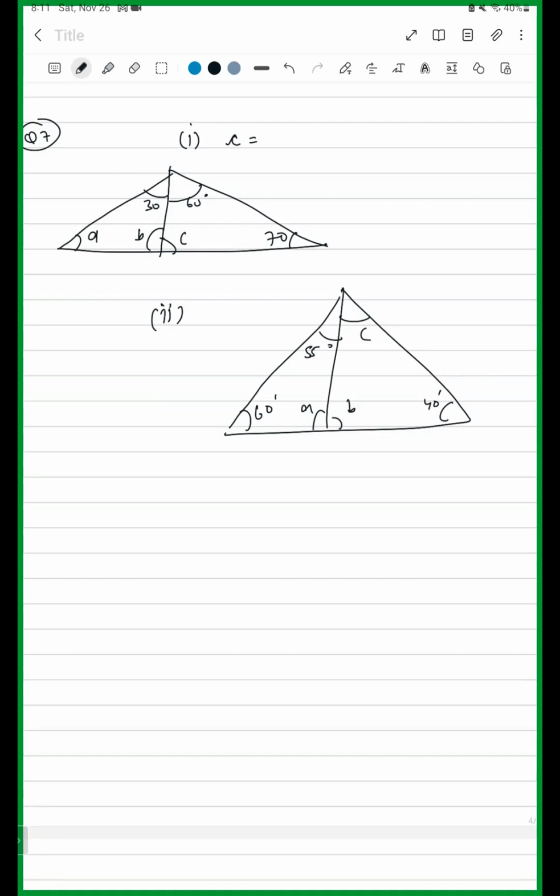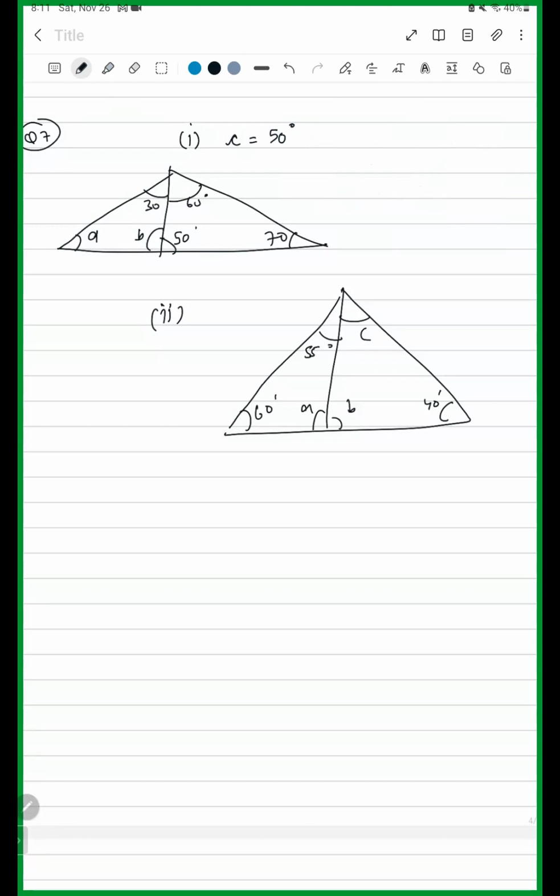C is equal to 50. Very good. C is 50. Then B and C are forming a linear pair, so B will be 50. No. If two angles are forming a linear pair, they will not both be equal. It will be 50 plus B gives 180. Very good.